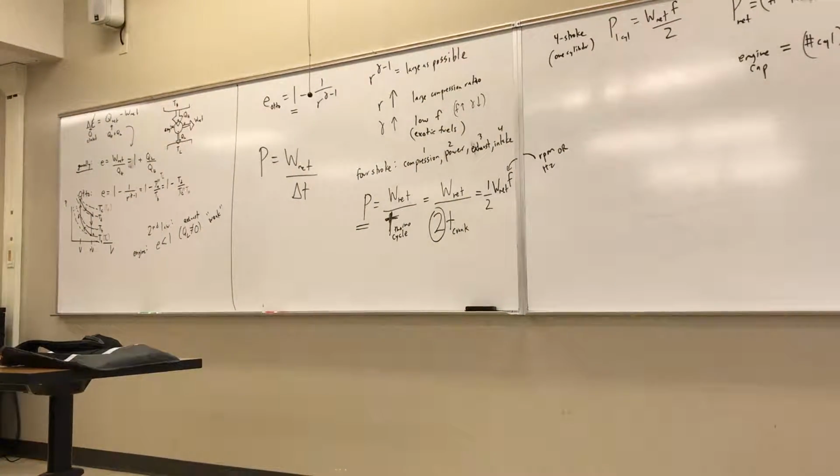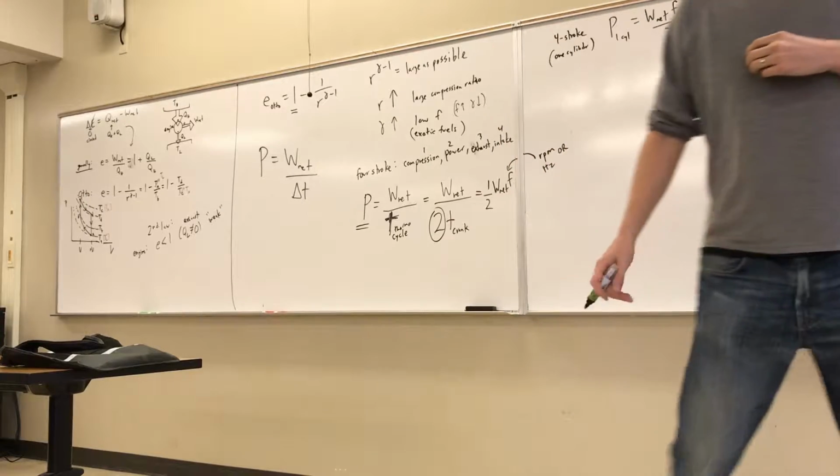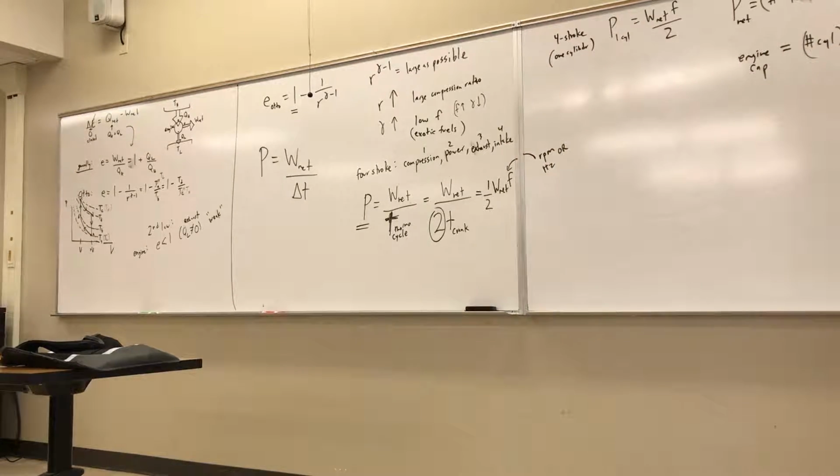For motorcycles, which don't need to be as powerful because they don't weigh as much, you may hear cc's, or cubic centimeters. Okay, so and so many cc motorcycle. Also over here, we would of course use watts, but more typically this is measured in horsepower, where 1 horsepower is 745.7 watts.